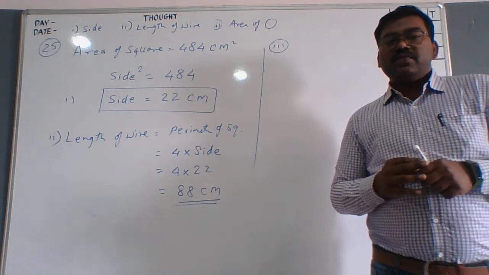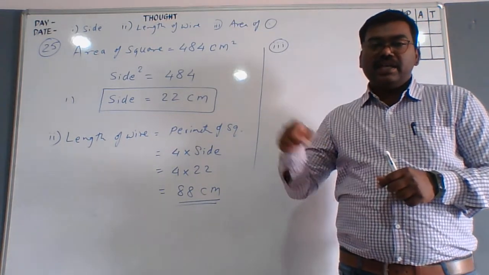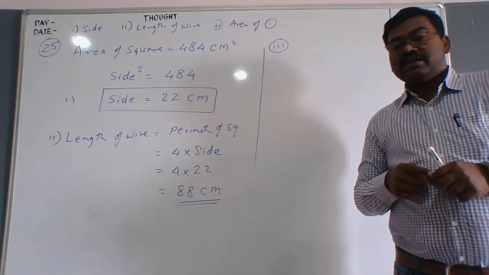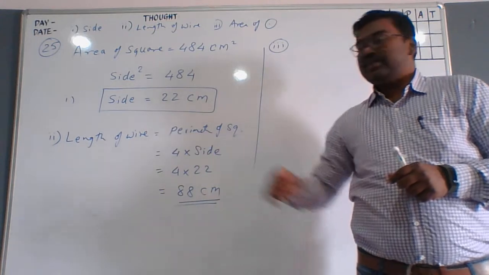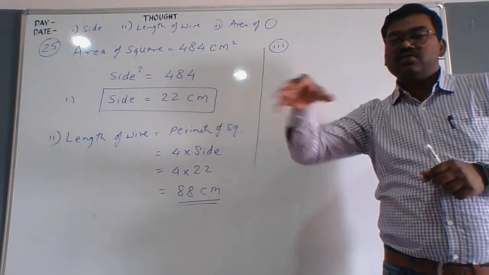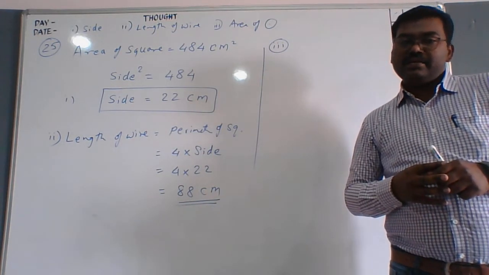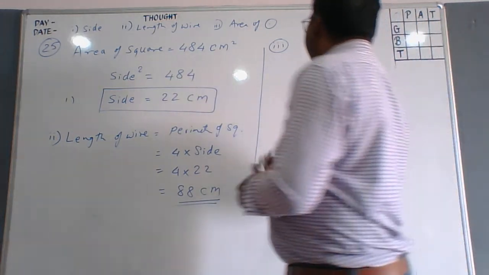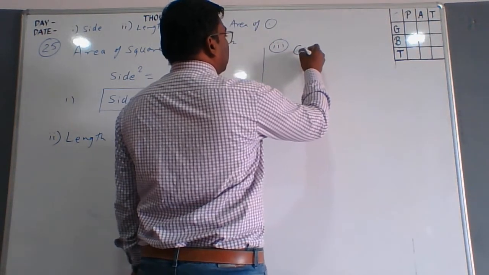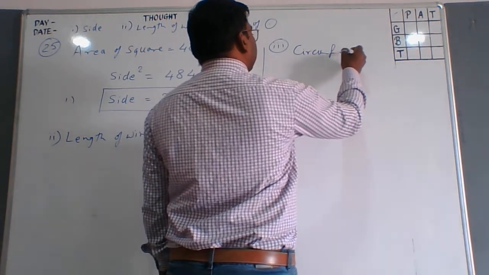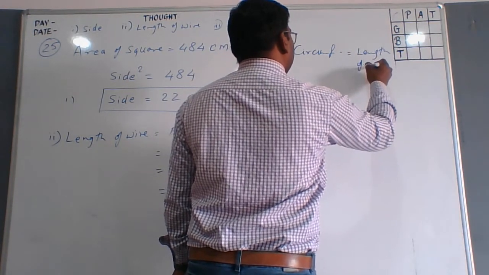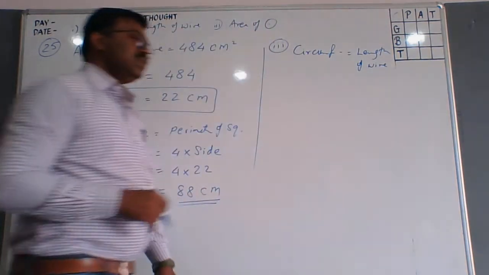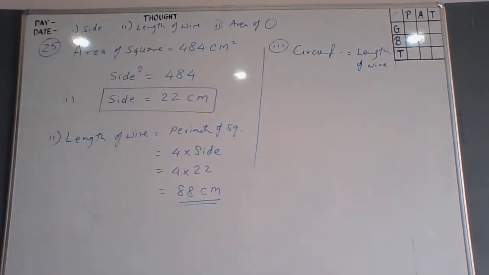That means we can say that whatever the length of the circumference of circle is, the same will be the length of the wire, because same wire is used for the circle as well, right? So here we can say that circumference of circle equals to length of wire, because the same wire is used for the circle also.